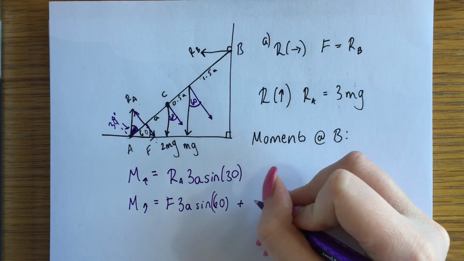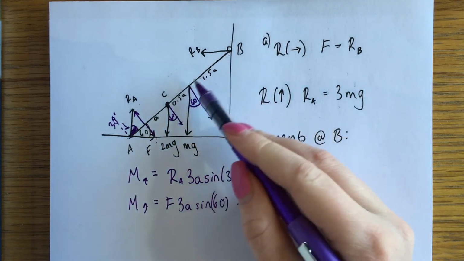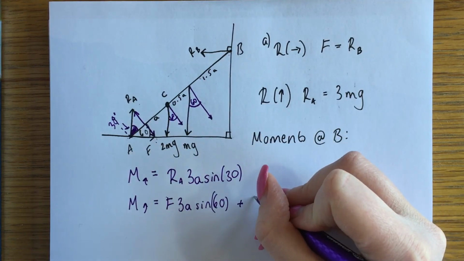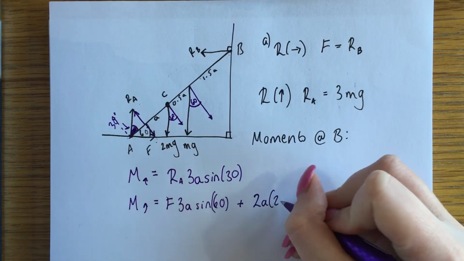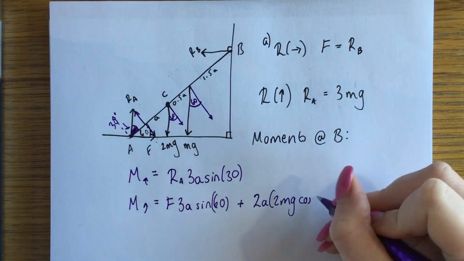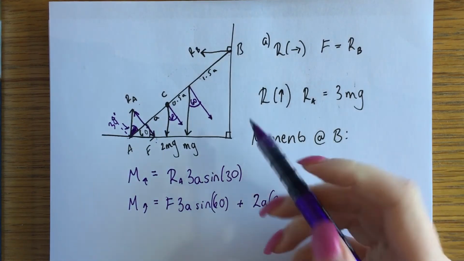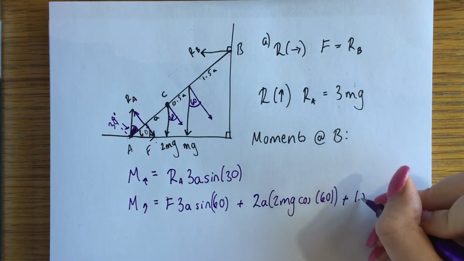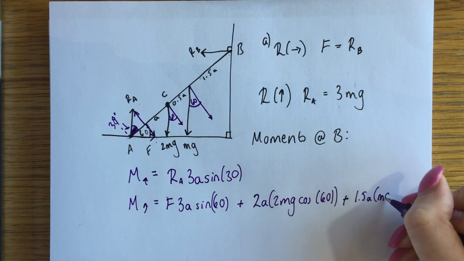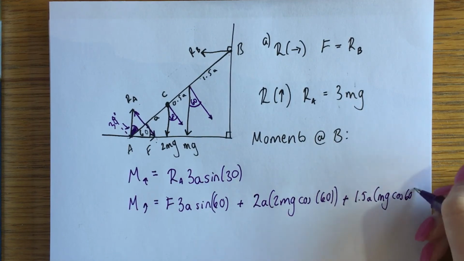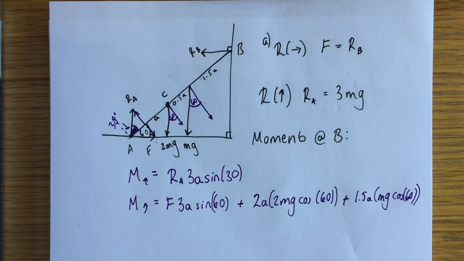I've also got, this is 2a away, so 2a lots of 2mg cos 60, and then this is 1.5a away, mg cos 60. So these are in limiting equilibrium, so this is going to be equal to all of that.